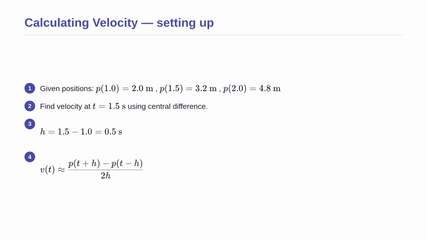Velocity is the first derivative of position with respect to time. Because we have data for the point ahead and the point behind our target time, we choose the central difference formula. First, we calculate the step size h by subtracting the first time from the second time, giving us 0.5 seconds. This uniform gap is crucial before applying our formula.